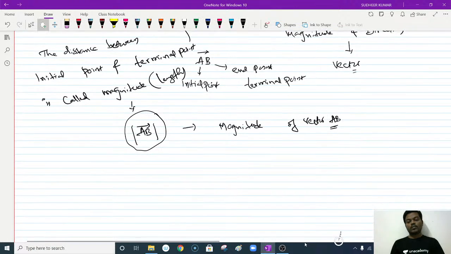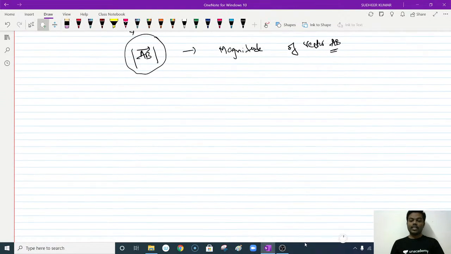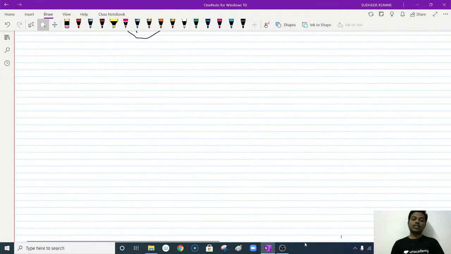So let us see the components. Some new terminology we'll learn here, because this concept is newly introduced in intermediate, right? So let us see the position vector.